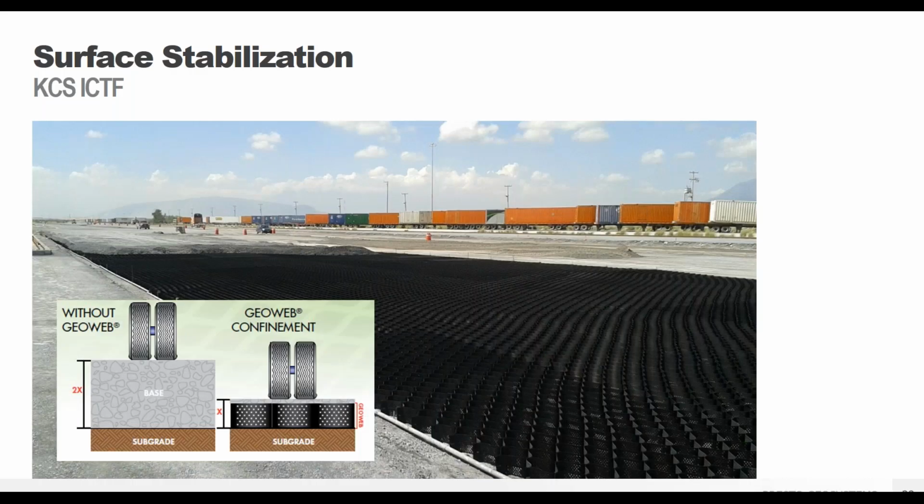So we worked closely with the engineer to come up with our GeoWeb solution to eliminate the concrete surface entirely. So we moved to an aggregate surface solution to support an 80-ton reach stacker loading and container yard. So the design ended up consisting of a 6-inch deep GeoWeb panel and a 4-inch wear surface. So a total of 10 inches of just aggregate as opposed to that 16-inch reinforced concrete.